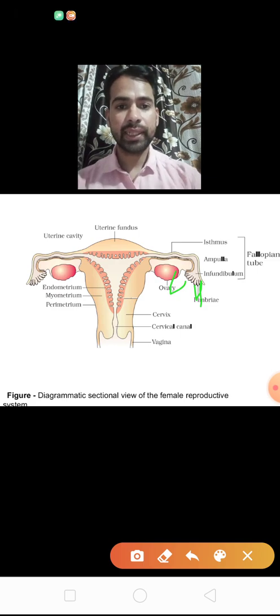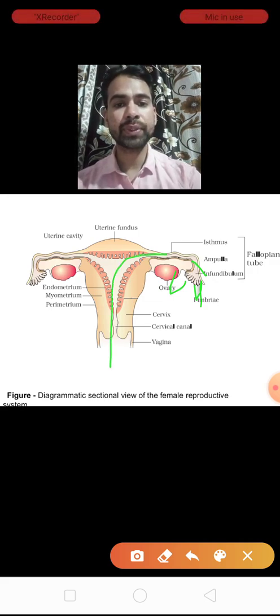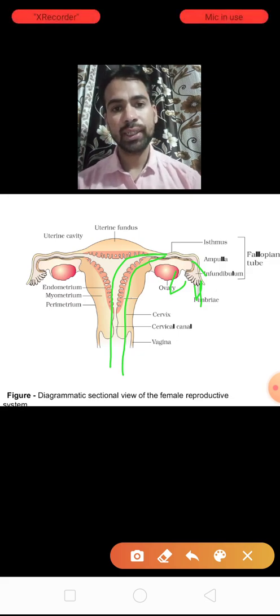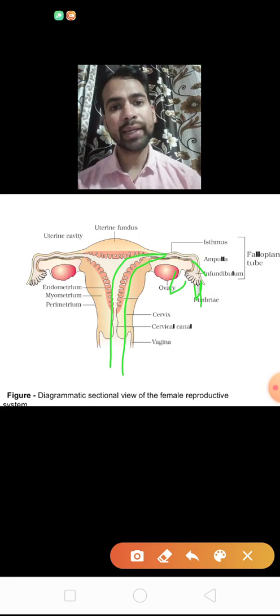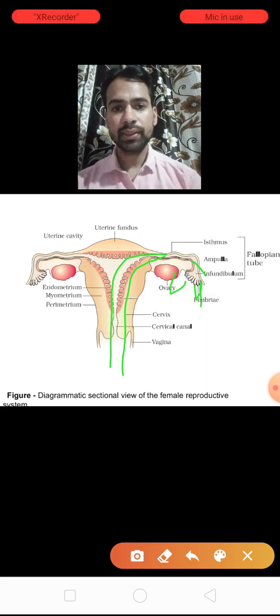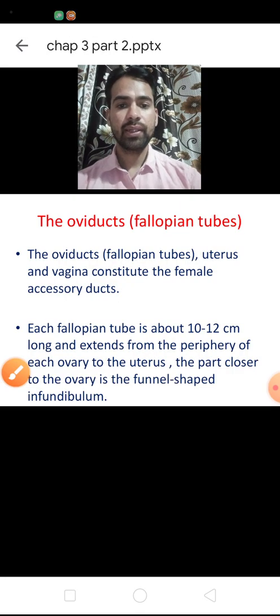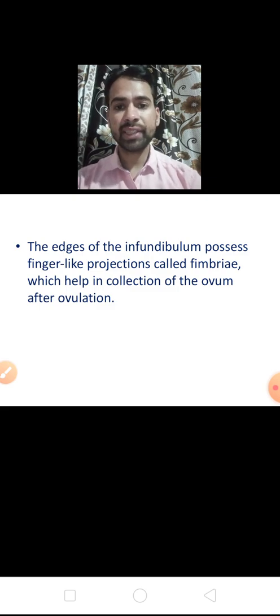After that the egg goes to the ampulla and isthmus junction, where it gets the presence of sperms, and the fertilization takes place between sperms and egg and forms the zygote. Okay, clear? So this is about the oviduct. I think the oviduct is clear to you.